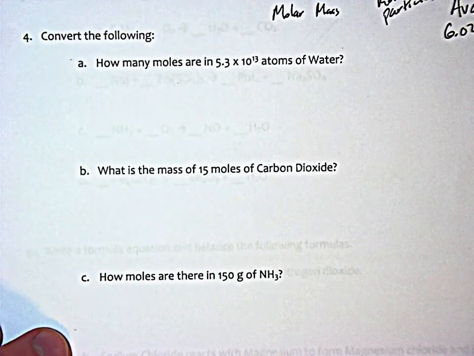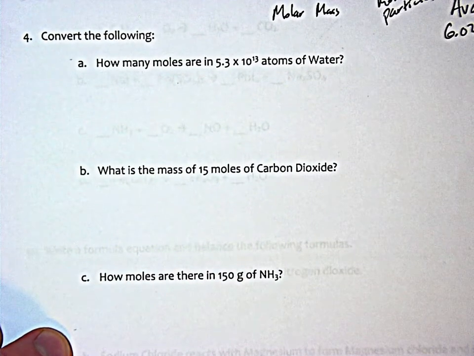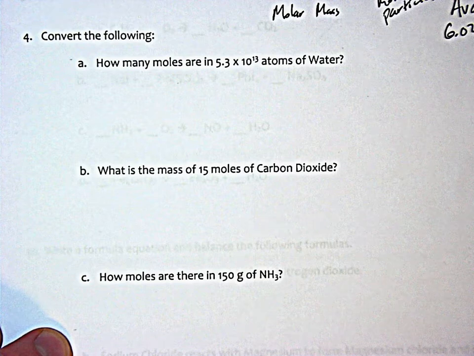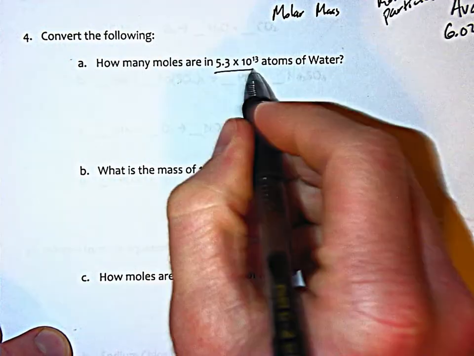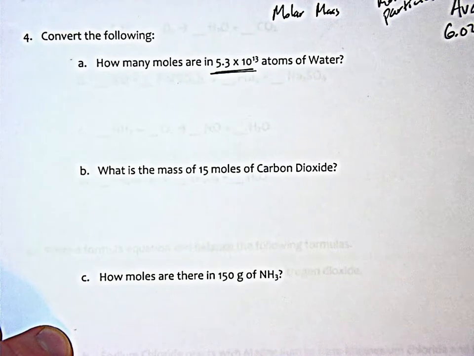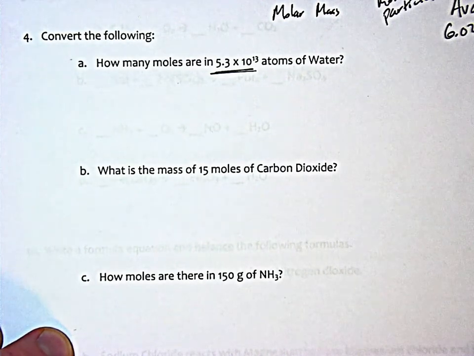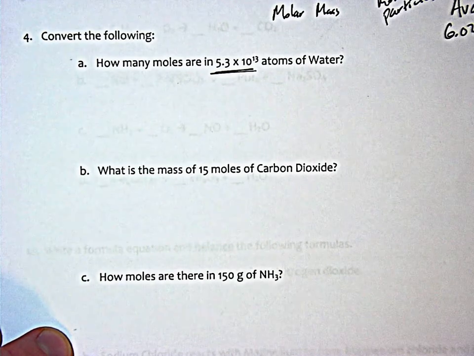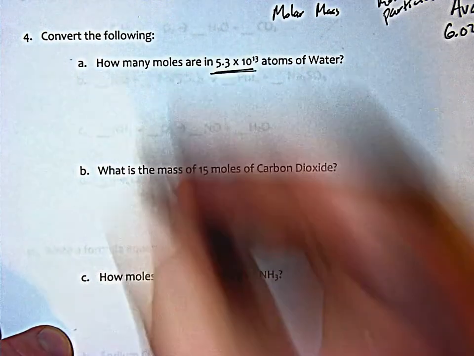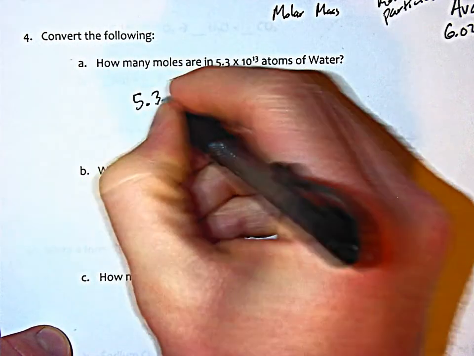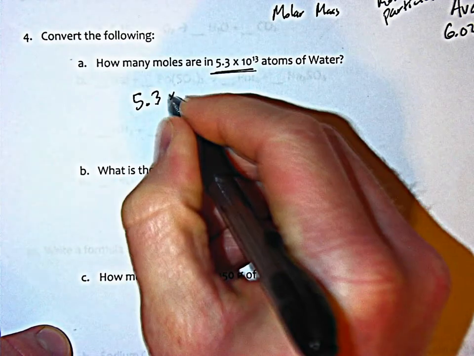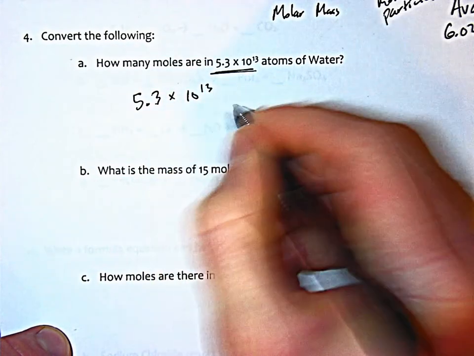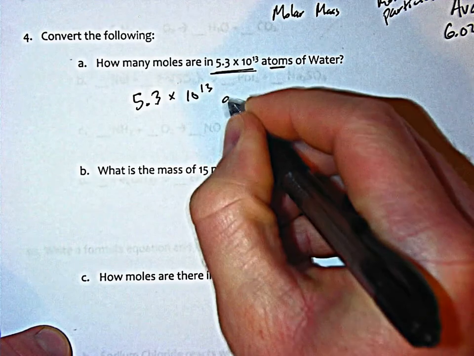How many moles are in 5.3 times 10 to the 13th atoms of water? Here, these are numbers. It's written in scientific notation, but it's just a number. I can start with what I have: 5.3 times 10 to the 13th, and my units are atoms.